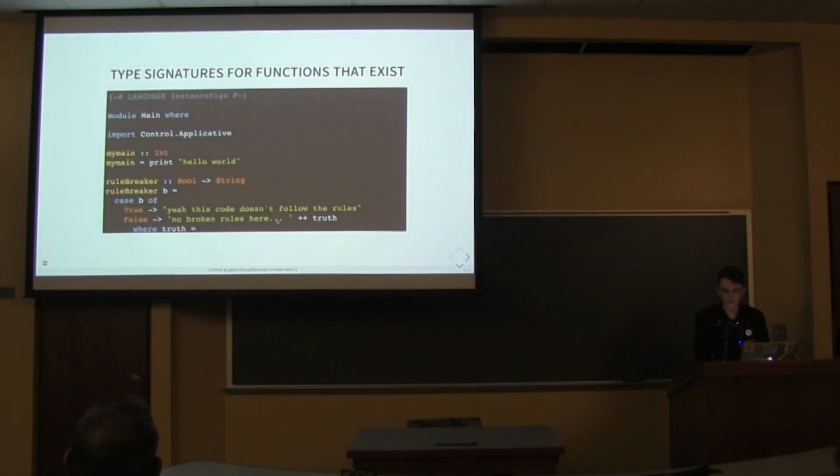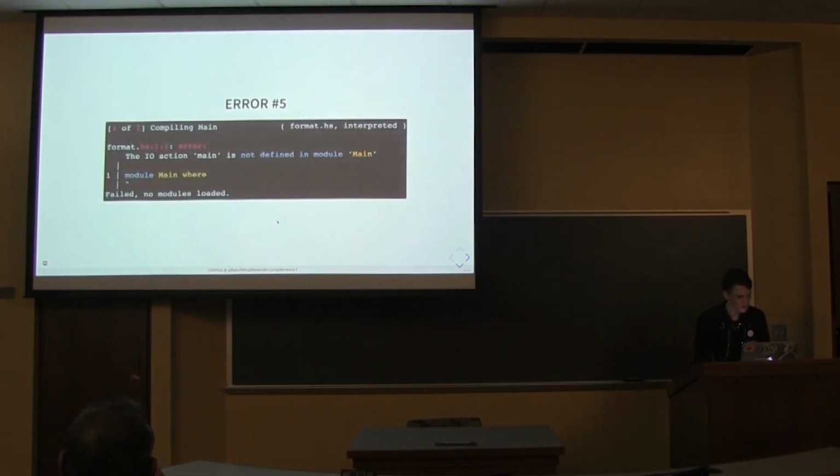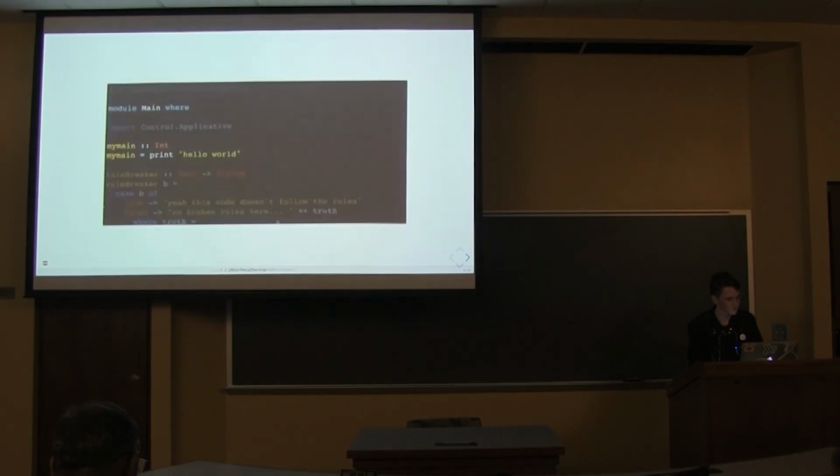So if we just fix the typo there, that will be fine. Let's reload and move on to the next one. Our next error here is that the IO action main is not defined in module main. Let's go see if that's true. We do have a module main, and we have this function that's called myMain.